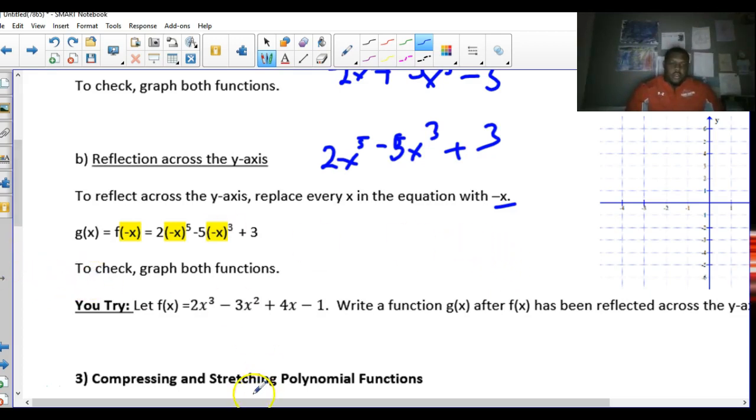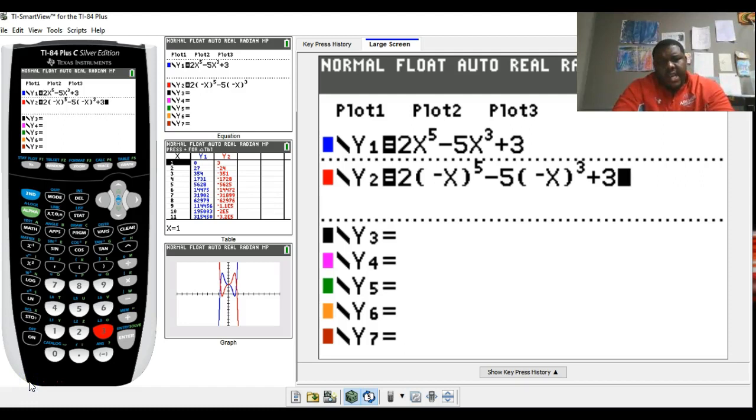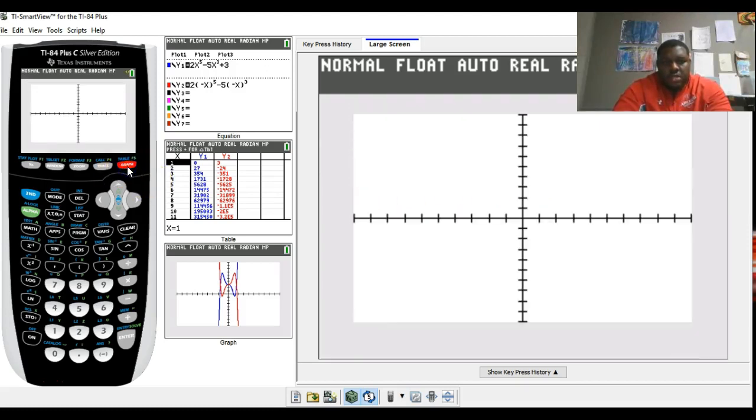Matter of fact, I'm going to do it so y'all can see it. Here's the original polynomial. To reflect across the y-axis, you put the negative in front of the x's. Let's sketch it. There's the parent function, and when you reflect it, everything flips.